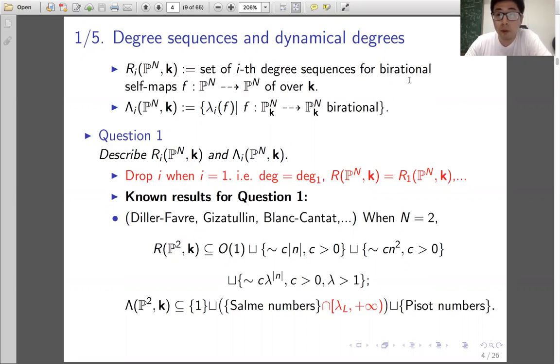We also know that the dynamical degree is always an algebraic integer, and it is either 1, or a Salem number, or a Pisot number.